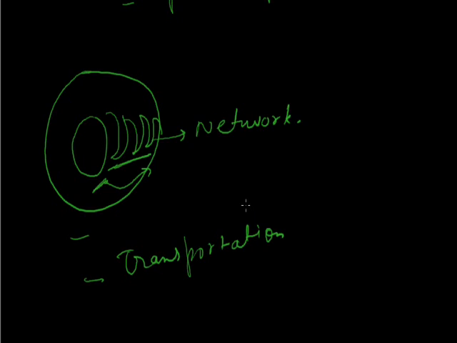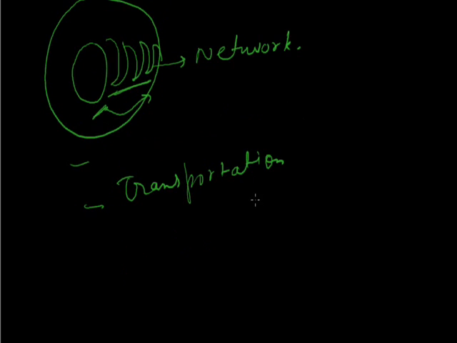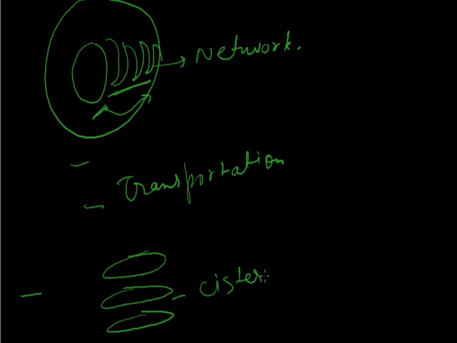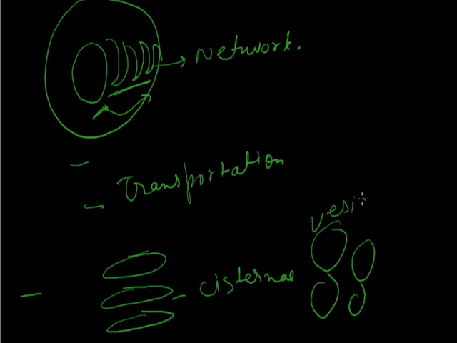Next we'll deal with the structure of the ER. There are three important structures of the ER. First, they have a plate-like arrangement, which is known as cisternae. They also have round-shaped vesicles.